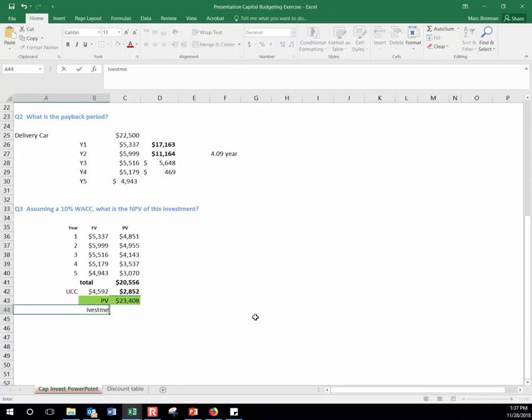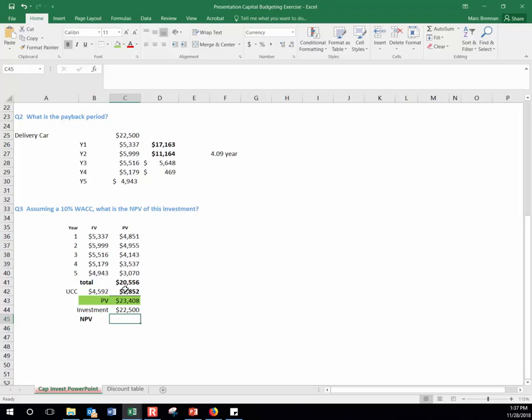Now, in order to complete the net present value, I'm going to subtract my investment from my present value, because I want to see if I am actually going to make money off of this investment. That's really what we're evaluating. That's going to give us the net present value after we account for this investment.